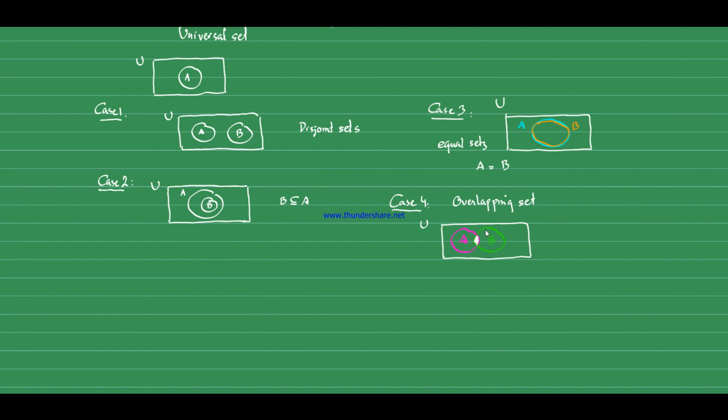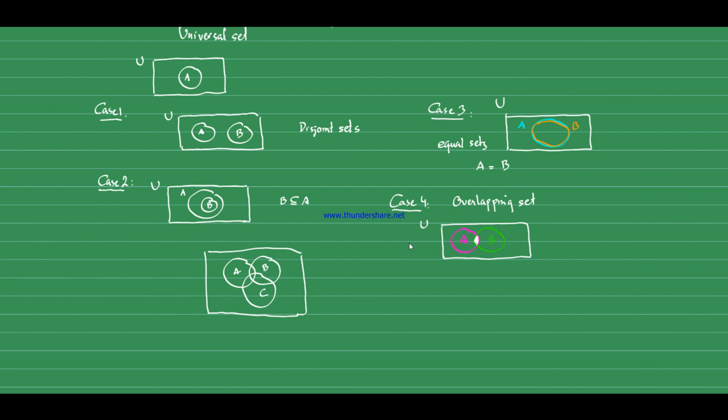In some cases, you probably see three sets overlapping each other, which you will see in the last section, when you do applications of sets. You may see something like this: set A, set B, set C, all of them contained in the universal set. You may see that case.